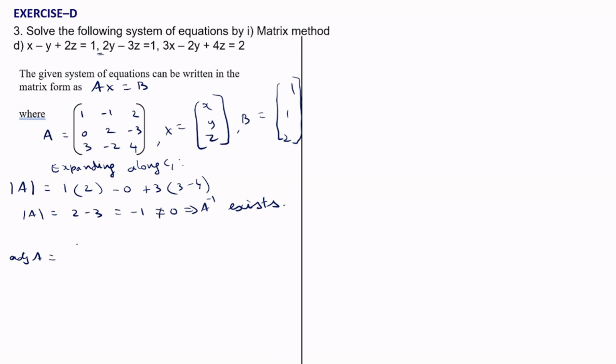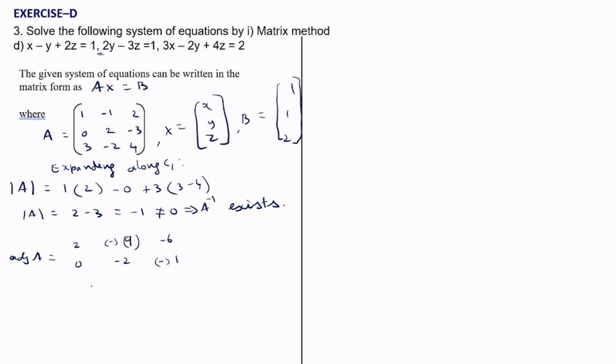Adjoint of A is the transpose of the cofactor matrix. So here we have 8 minus 6, 2, and then here we have a negative sign, 0, minus of minus 9 plus 9. So here it is 9, and then here we have 0 minus 6, and next we have minus 4 plus 4, 0. Next we have 4 minus 6, minus 2, and next we have a negative sign, minus 2 plus 3, 1.